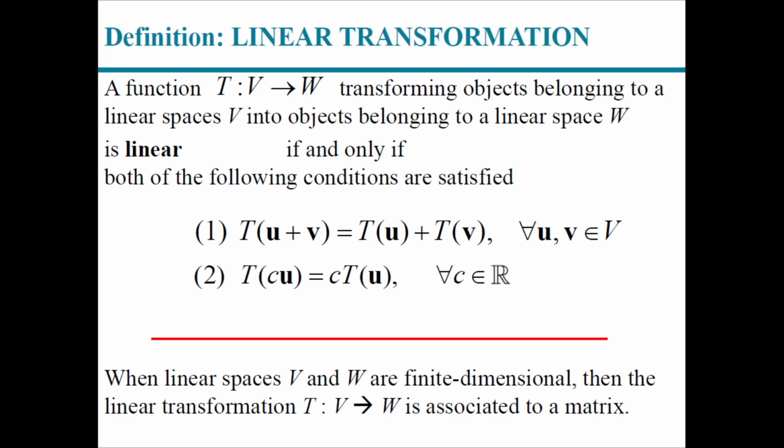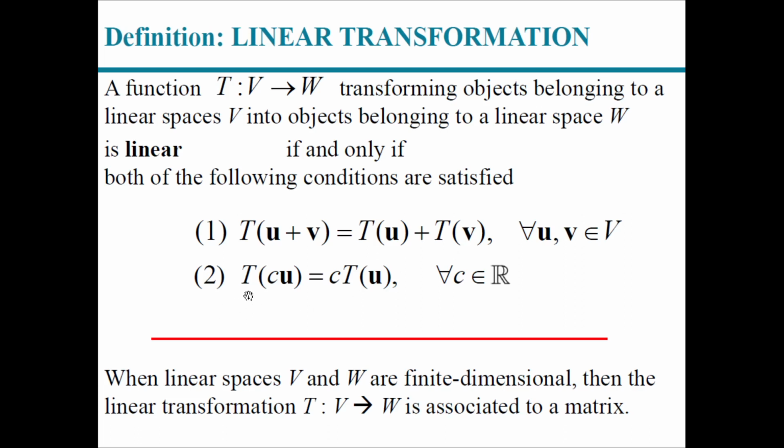So now, particularly a linear transformation. It's a transformation, so it transforms objects living in V into objects living in W, but it does so in a specific way, and the property of that transformation is that it is linear. These are the two conditions for a transformation or a function to be linear. So if you add two inputs, the transformation of the summation of two inputs is the summation of the outputs.